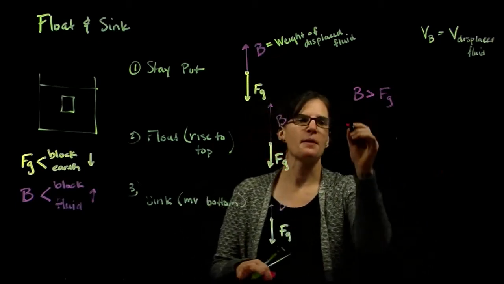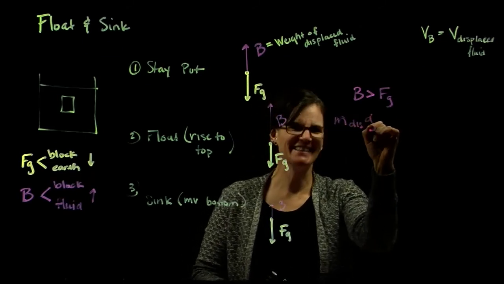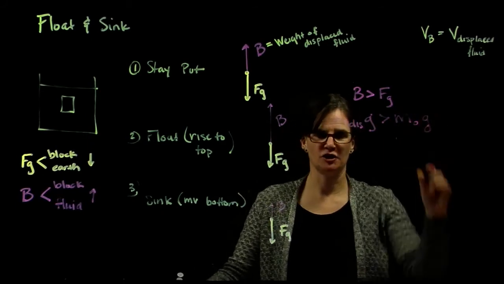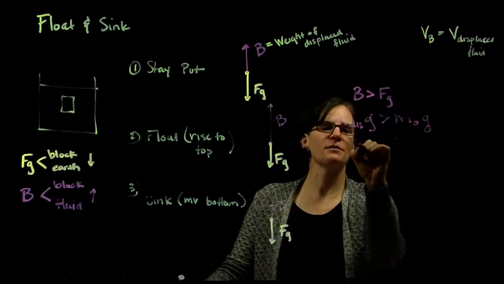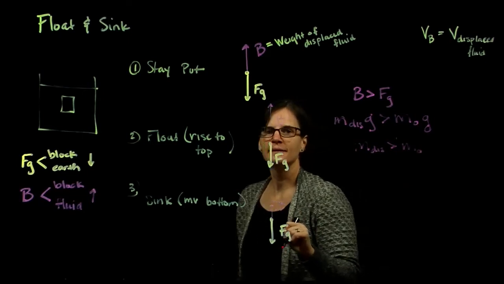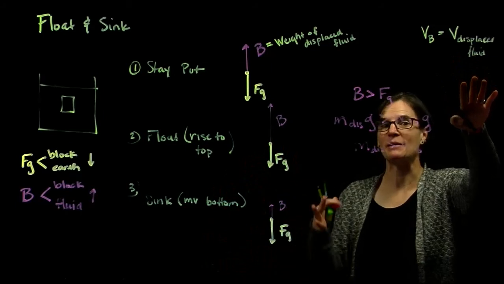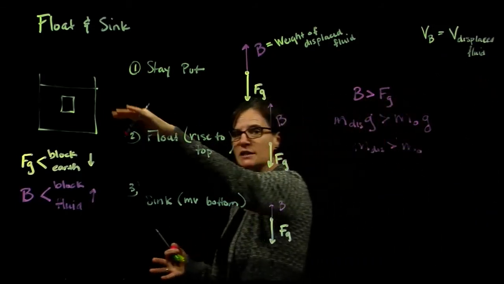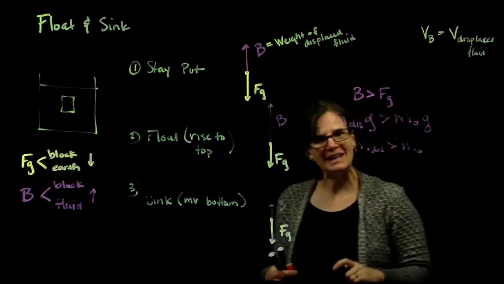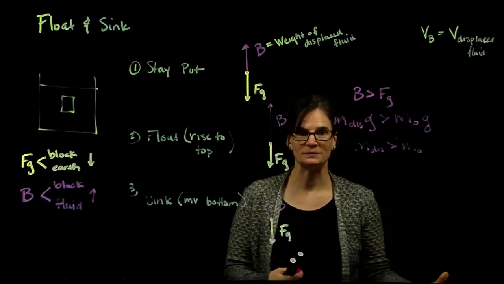Well, that tells you that the mass of the displaced fluid times g is greater than the mass of the object times g. Getting rid of the g, we find that the mass of the displaced fluid is greater than the mass of the object. All right, well, they're both covering the same volume, okay? So again, this is a fully submerged object. And when I put that fully submerged object in the water, it displaces the volume of water equal to its own volume.